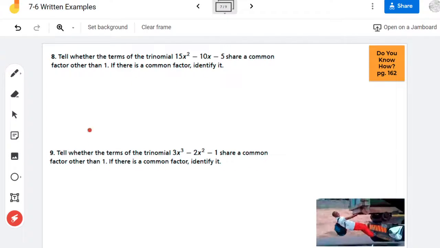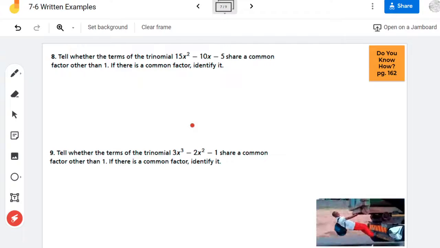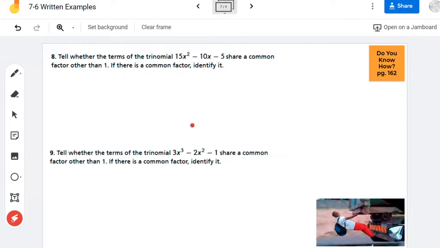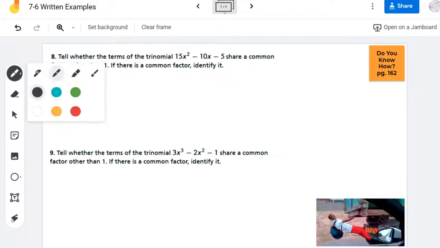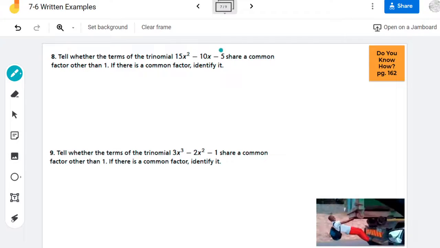Alright, so now on 8 and 9 here, what we're doing is looking for a GCF, and if there isn't one, then we're going to go ahead and try to factor it. So that's our goal here. On the top, I have 15x squared, 10x, and 5.